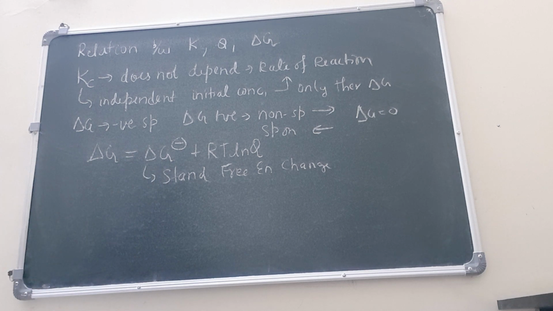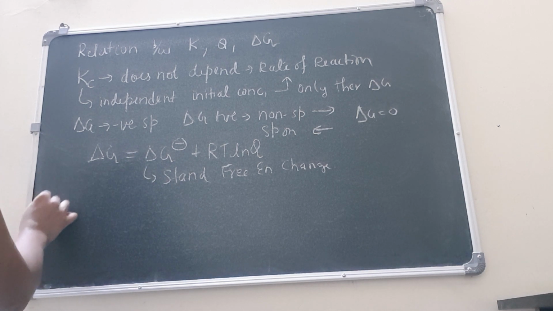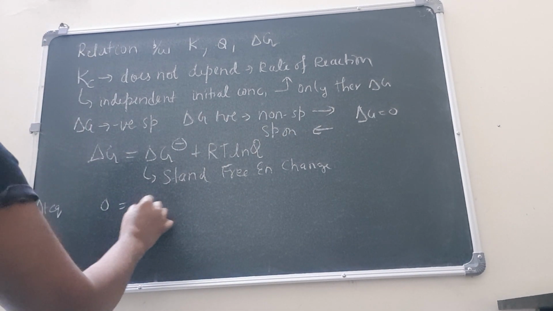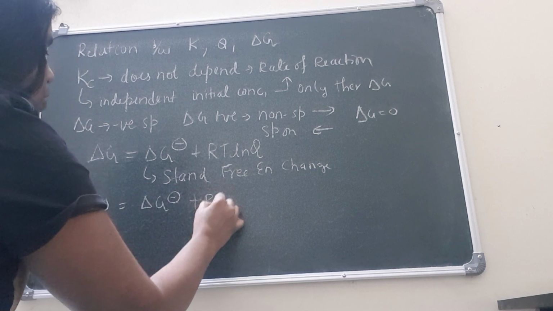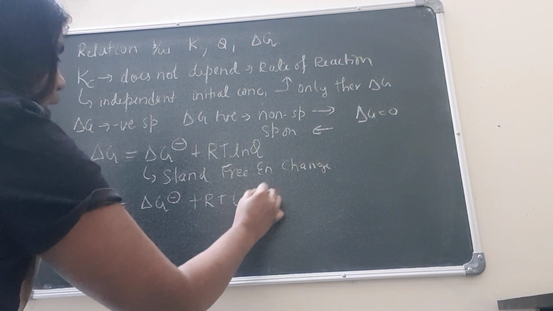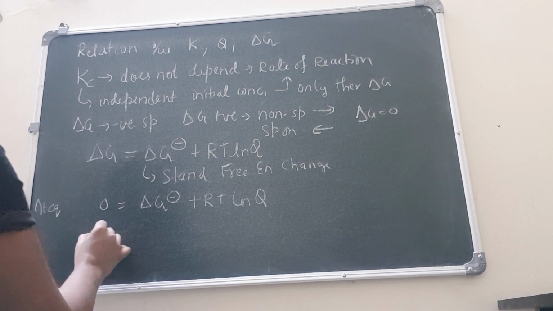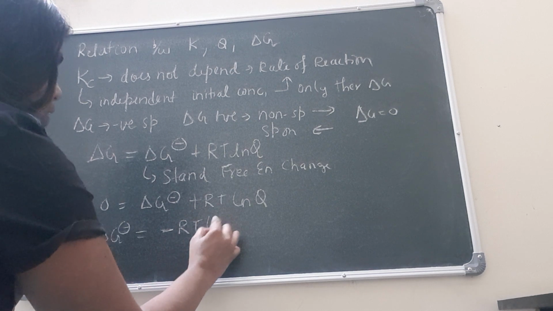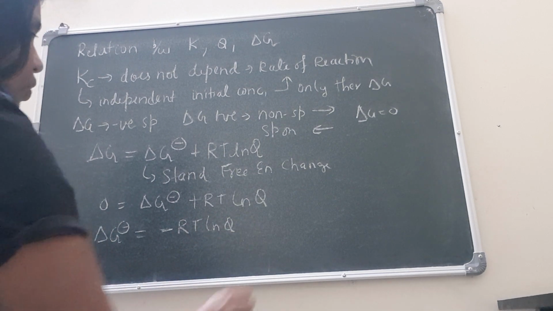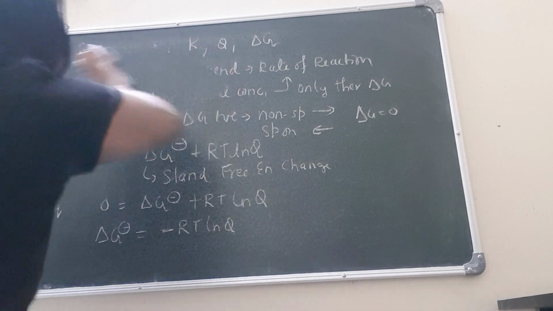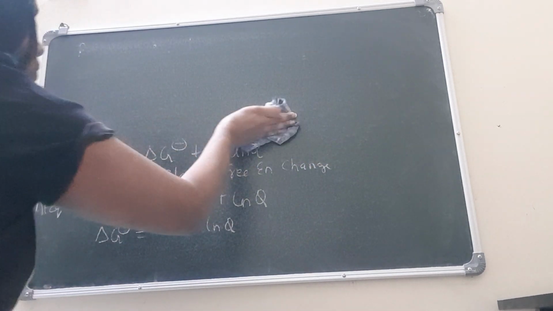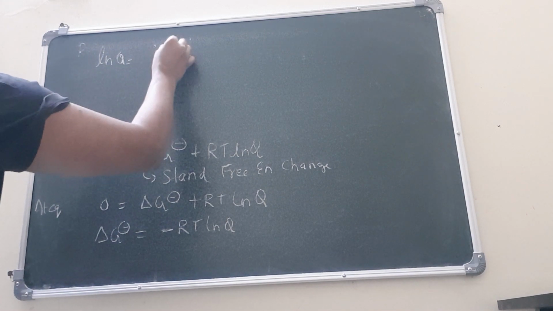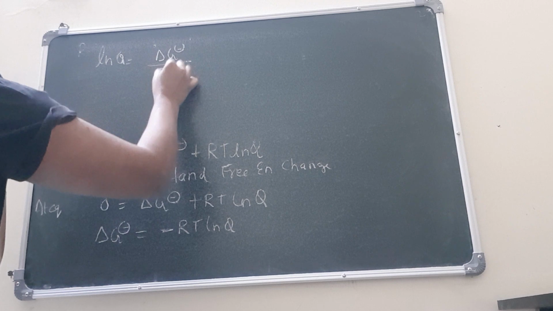as delta G naught. Now if you take a system at equilibrium, you know this is 0. I have written it. So this becomes 0 is equal to delta G naught plus RT ln Q. Or in other words, I can write delta G naught as negative RT ln Q, or ln Q will be equal to negative delta G naught divided by RT.